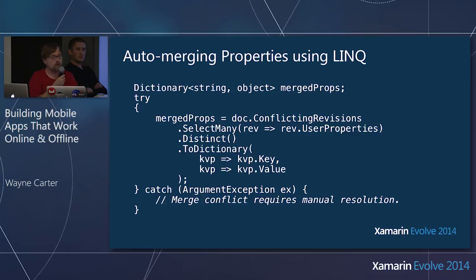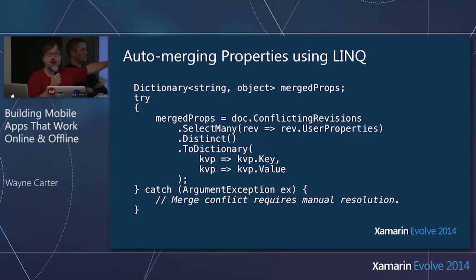But fear not, here's how you do it in one line of LINQ to auto-merge, just like you would do in Git. So with just one line of auto-merge, it either works, and then we call save, and we're done. And then the other old versions that were conflicting are marked as deleted. The new one, the happy one, the auto-merged one, is now the new official current revision. And that syncs up and everybody gets that kind of glory.